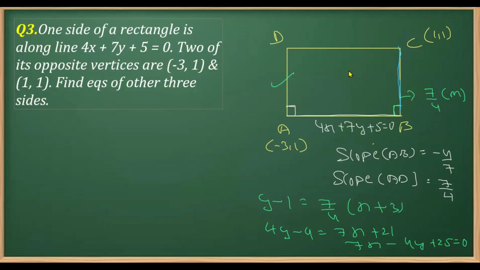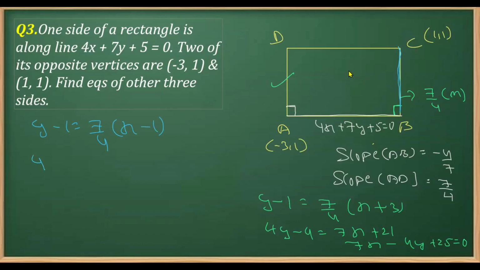For BC, I'm going to use the same thing. It says y minus y naught equals m, which we have already got as 7 over 4, this is the slope, into x minus x naught, and x naught is 1 here.